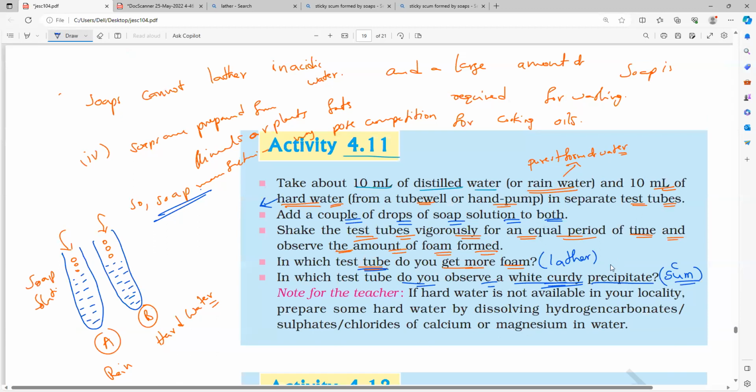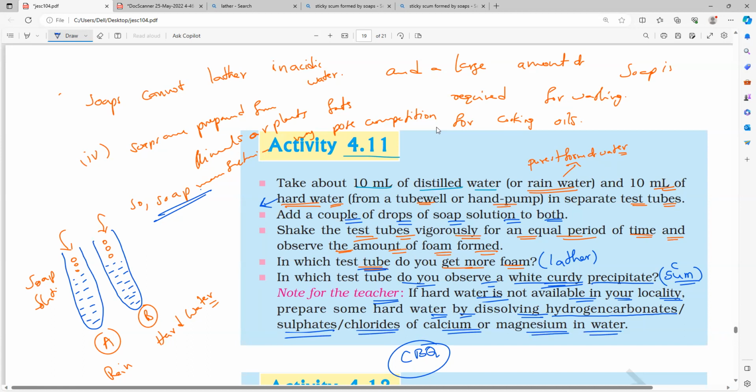A note for the teachers: if hard water is not available in our locality, this is also one of the CBQs. If hard water is not available in your locality, how can you make hard water? Prepare hard water by dissolving what? Hydrogen carbonates, sulfates, or chlorides of calcium and magnesium in water.